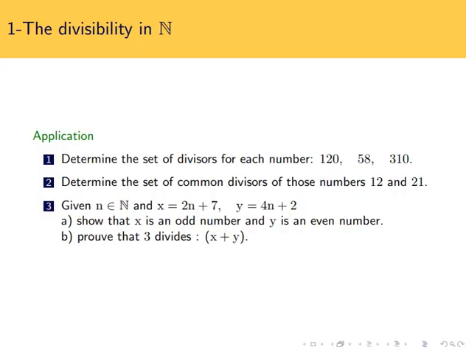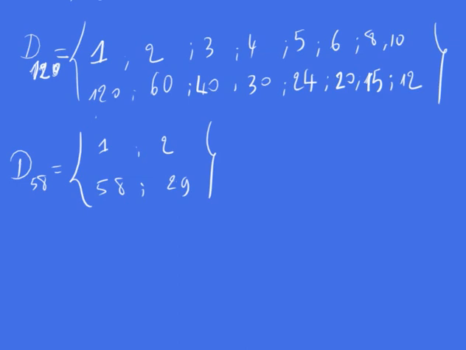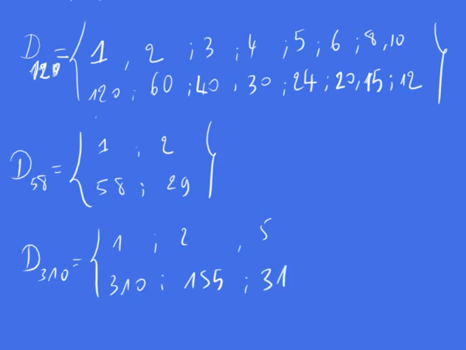We can also do the third question, the divisors of 310. We start with 1, 310, 2, 155. 155 we can divide by 5, and the quotient is 31.